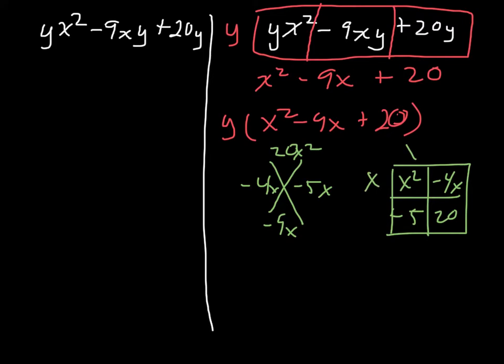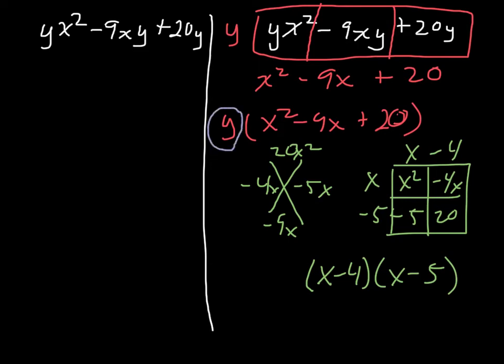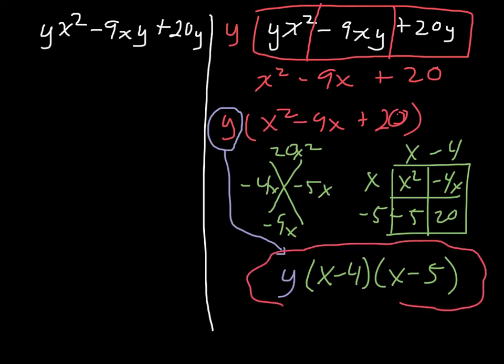So I get x minus 4, minus 5. So my factors again are x minus 4 times x minus 5. Again, I did that pretty quickly. But then you have to remember, whatever you factored out at the very beginning has to come down. So it's y times x minus 4 times x minus 5. You'll see why in just a minute, why that's super important to remember. So once again, this would be my correct answer right there.